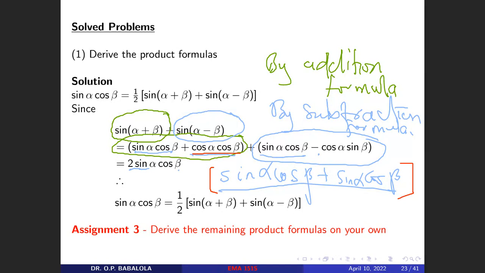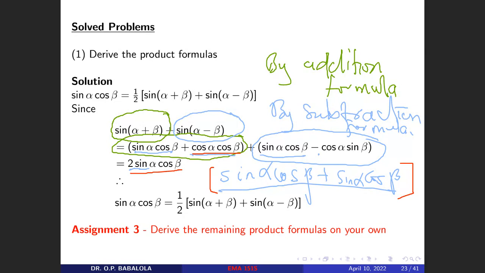Okay, then you add it to this part. And by the time you add, you're going to have this as the final answer. Please, can everyone just solve and see that you've got 2 sine alpha cos beta? Solve for sine alpha plus beta plus sine alpha minus beta. I will give you 3 minutes to do that, please.